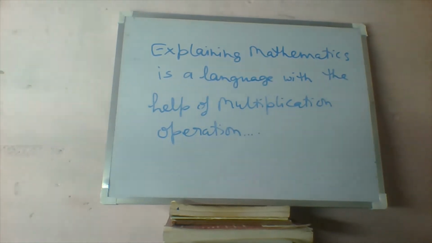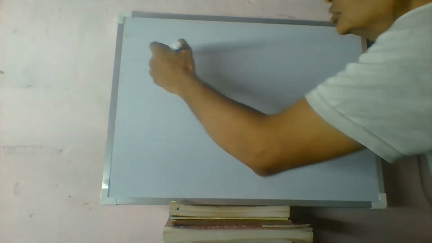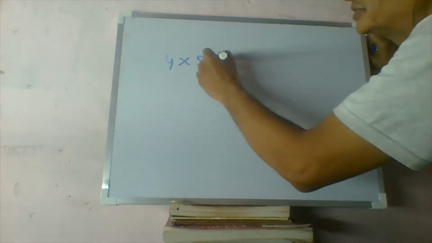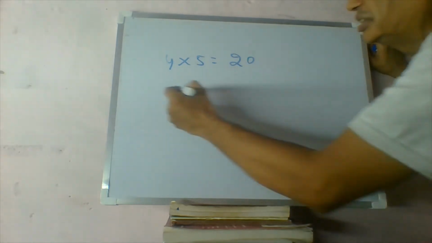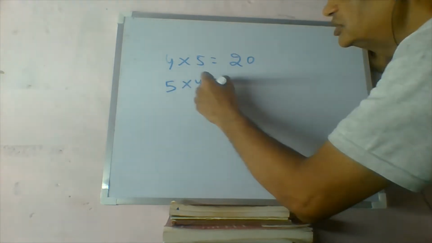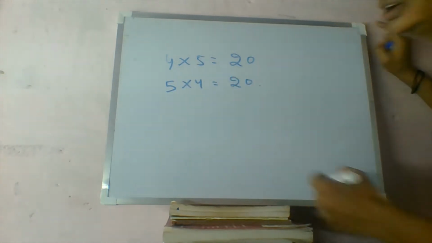Before we start learning exponents, we should first try to understand what the language part in mathematics is, and for that I'm trying to explain it with the help of the multiplication operation. For most of us, 4 into 5 is an instantaneous 20. 5 into 4 is an instantaneous 20.